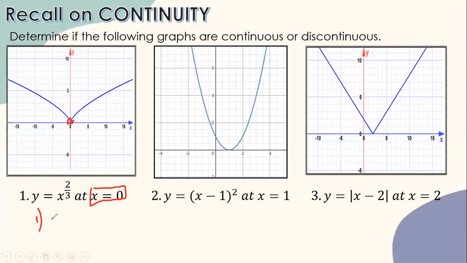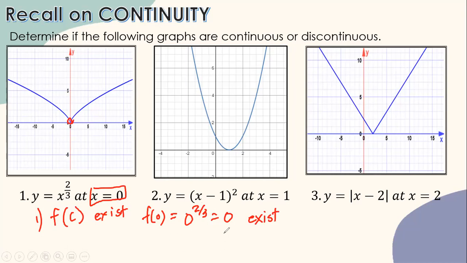The first test is if f of c exists. So f of 0 is equal to 0 raised to 2/3 is equal to 0. So 0 is still a value, so f of c exists.